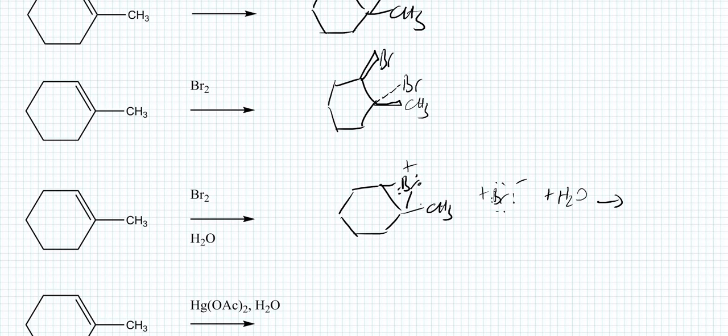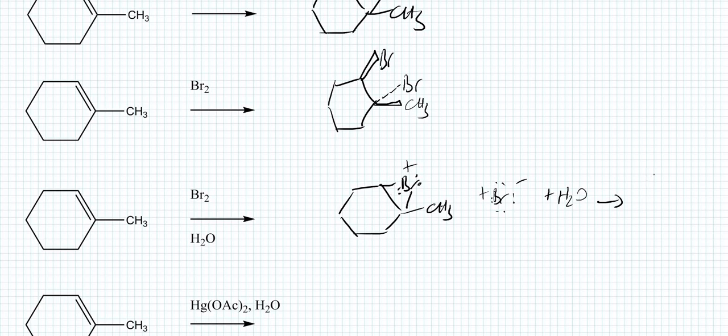The reason, during the transition state, there is going to be partial charge development here, and this carbocation will be like a tertiary carbocation. It will be more stable. So that's the reason why we need to add OH here and Br here.